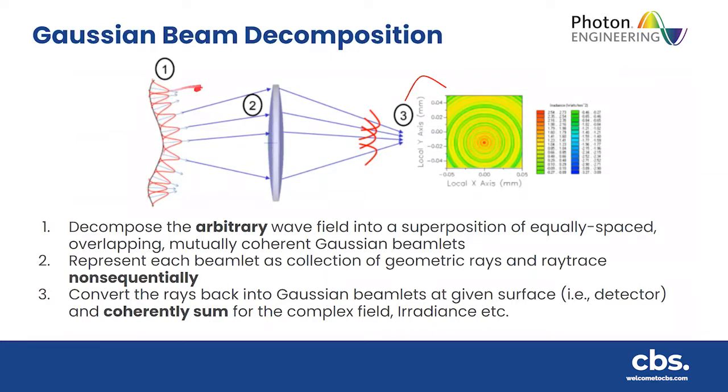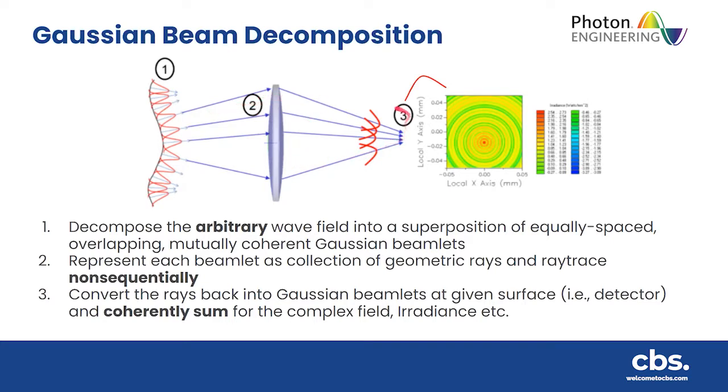Then those Gaussian beams are propagated through the optical system using Fred's ray tracing engine in a way that allows us to keep track of what a Gaussian beam is through a collection of rays. And they refract and reflect through the system and so forth.